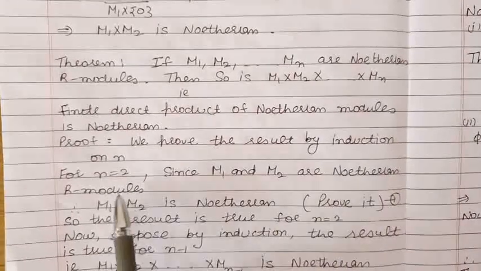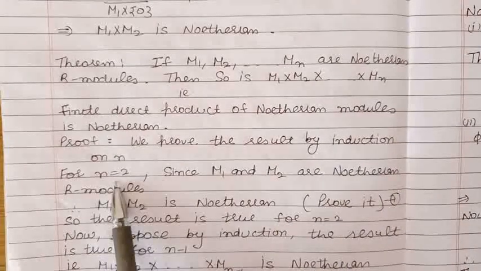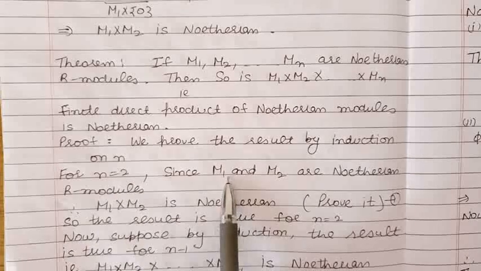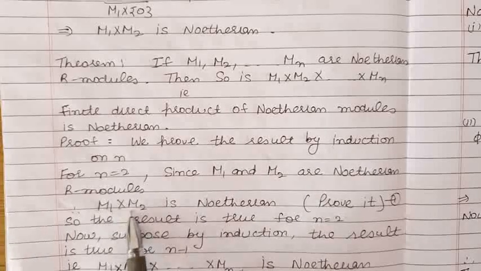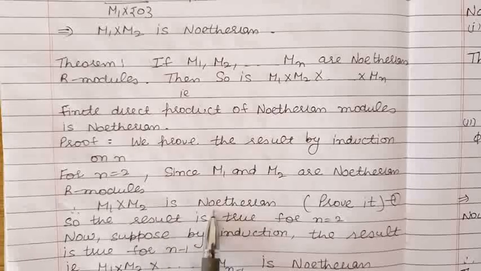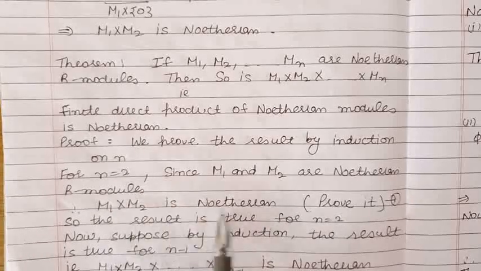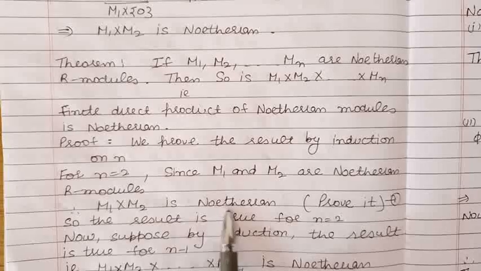So for n equal to 2, because the modules M1 and M2 are given to be noetherian R modules, by the above theorem the direct product of two noetherian R modules is noetherian. So we can say that M1 cross M2 is noetherian. So for the first step, you will prove the above theorem.